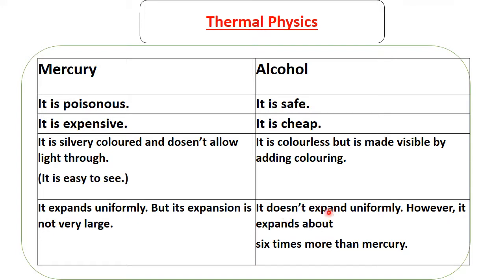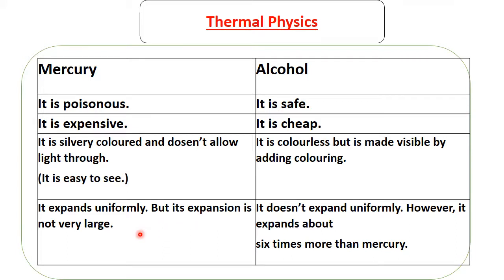That's not very good because sometimes you might need a certain temperature which alcohol cannot show because of its non-uniform expansion. Well, mercury is going to be able to give you any temperature that you want.